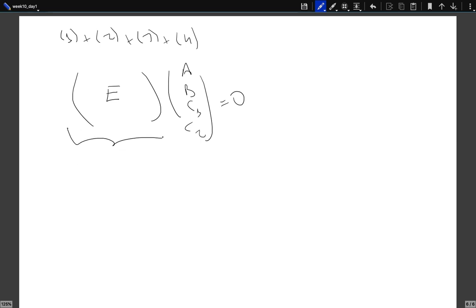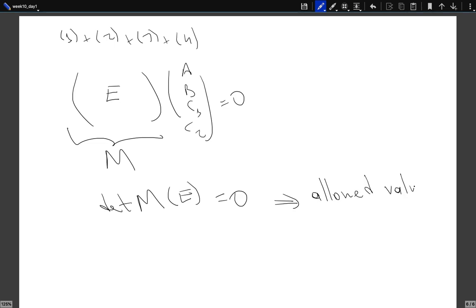Let's call this matrix M. The determinant of M, which will be a function of E, should be 0, which will tell you the allowed values of E. So the possible energy values will again be quantized. Well, the explicit expression will not be as easy as in the case of the infinite potential well, but the basic idea is over here.